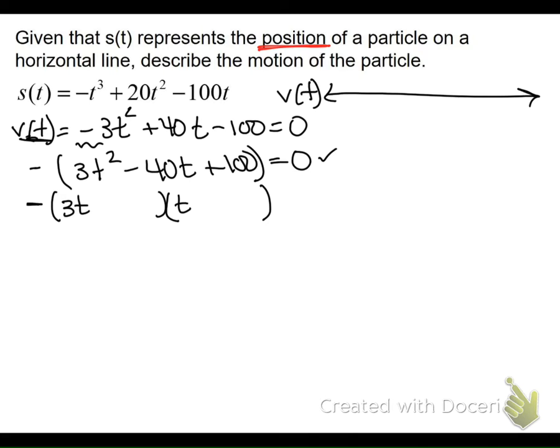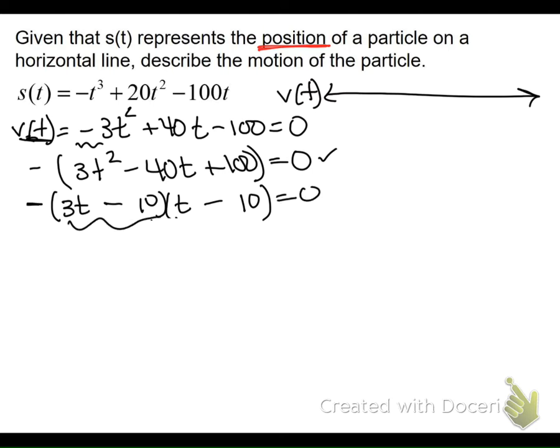Let me see what we got here. I tried 20 and 5. That didn't work. So next I'm trying 10 and 10. My inners give me 10t. My outers give me 30t. And yeah, I can get a negative 40 out of that. Make them both negative. So that's factored. Okay, then set each factor equal to 0.